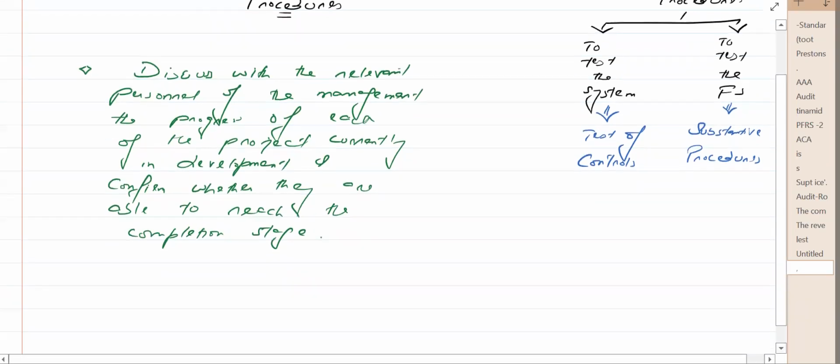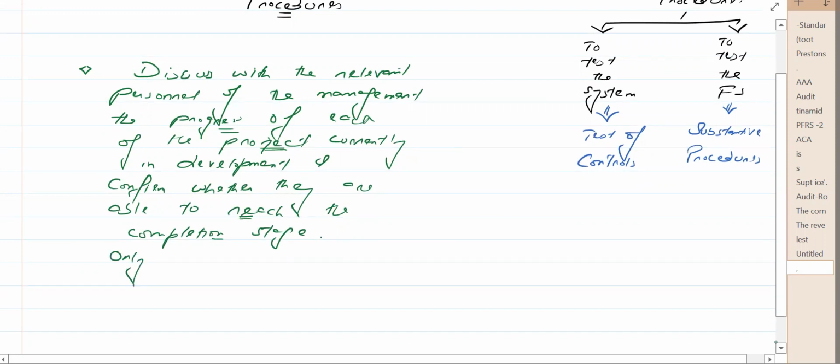Obviously, they're going to say yes. Obviously, why not? We are developing something. It will be definitely completed. But yes, this is a process. This is part of the testing. You discuss with the relevant person of the management, and you ask them the stage of the development of each project, and confirm whether they are able to reach the completion stage.